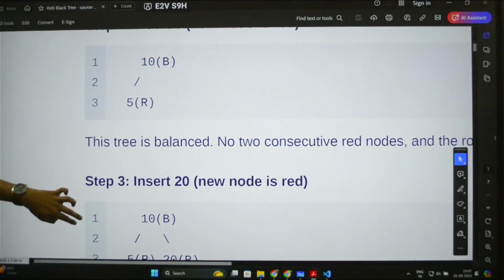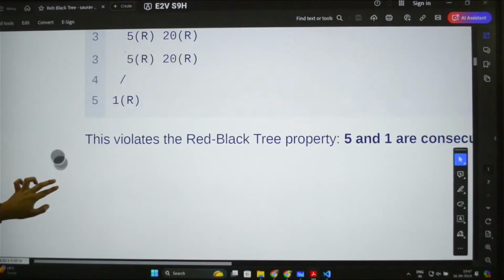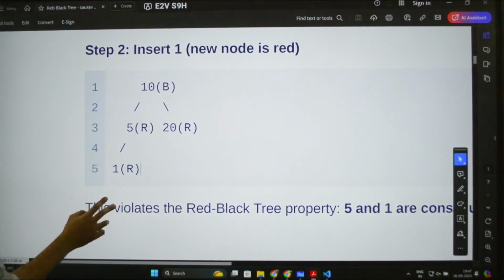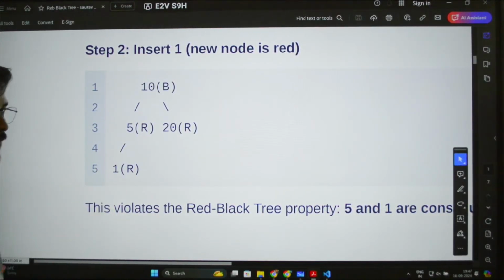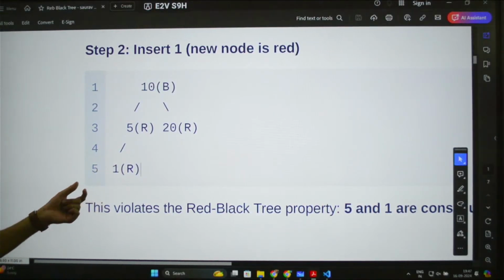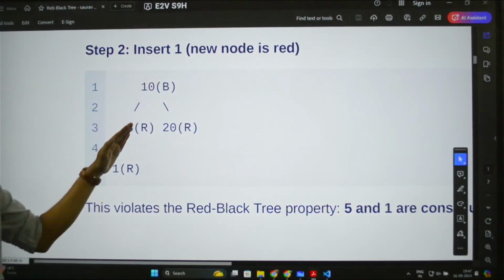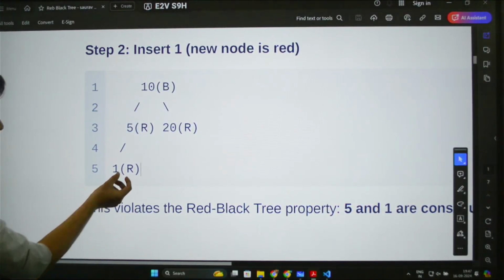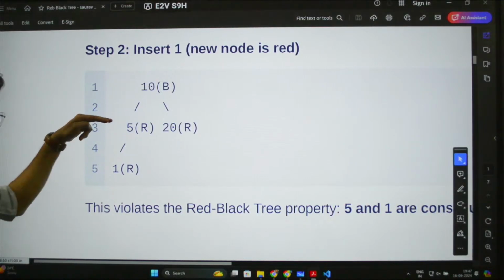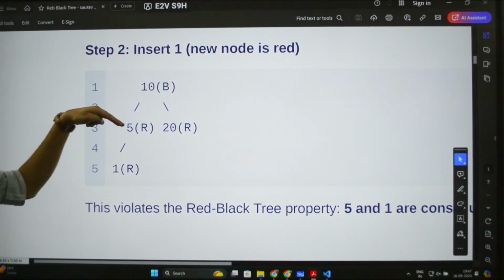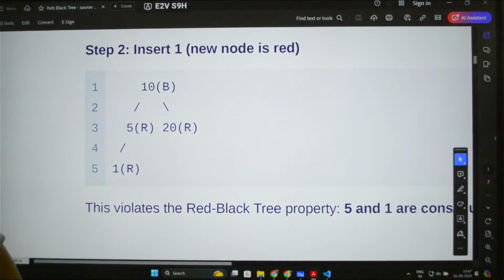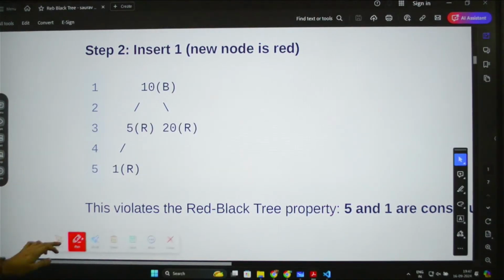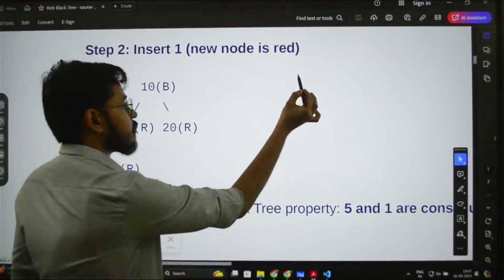Okay. Now let us say in the same concept you inserted a new node which is 1. Now it will go right below on the left hand side, and when it went to the left hand side you saw that red and red came together, right here. If I want to explain this with a diagram, I would create it like this. First node is black.